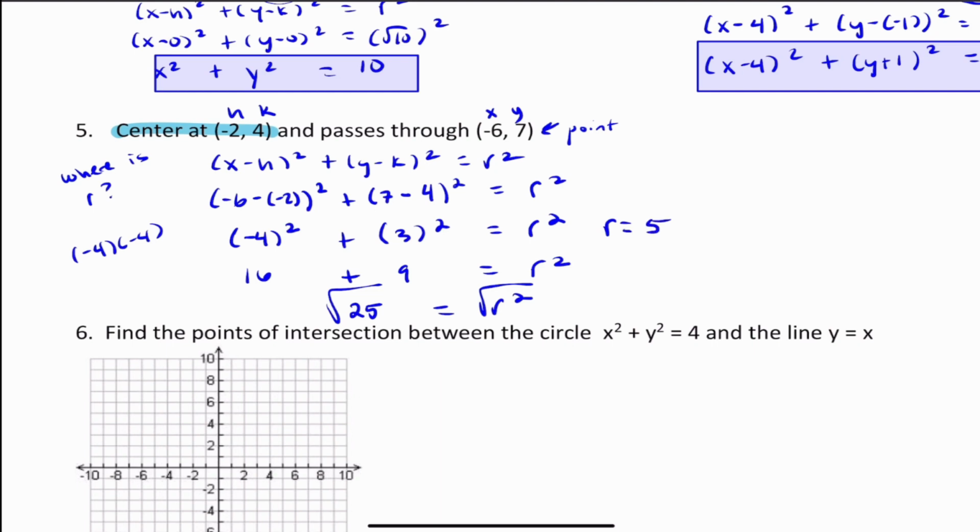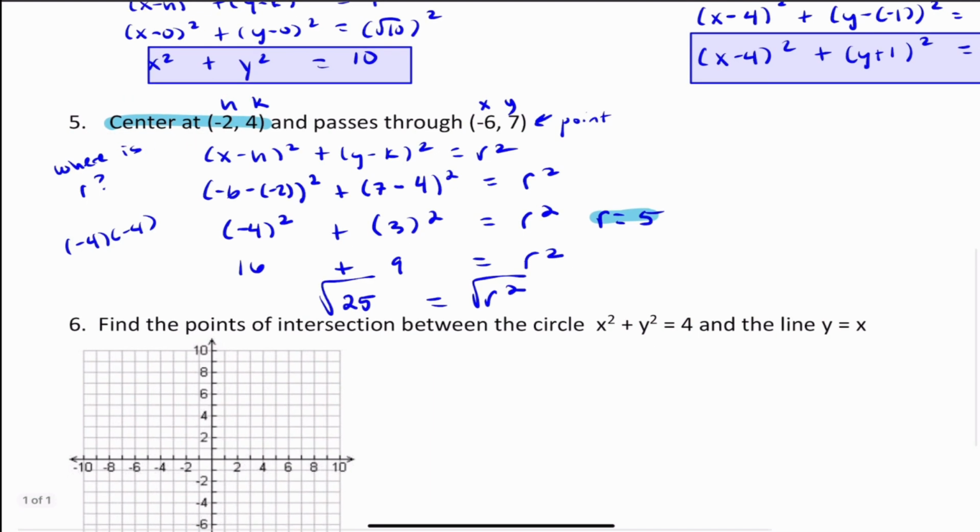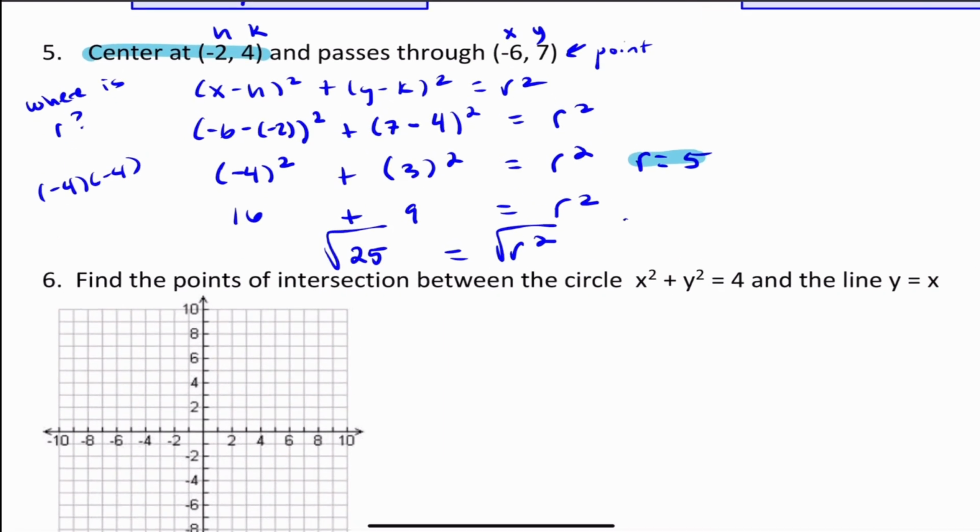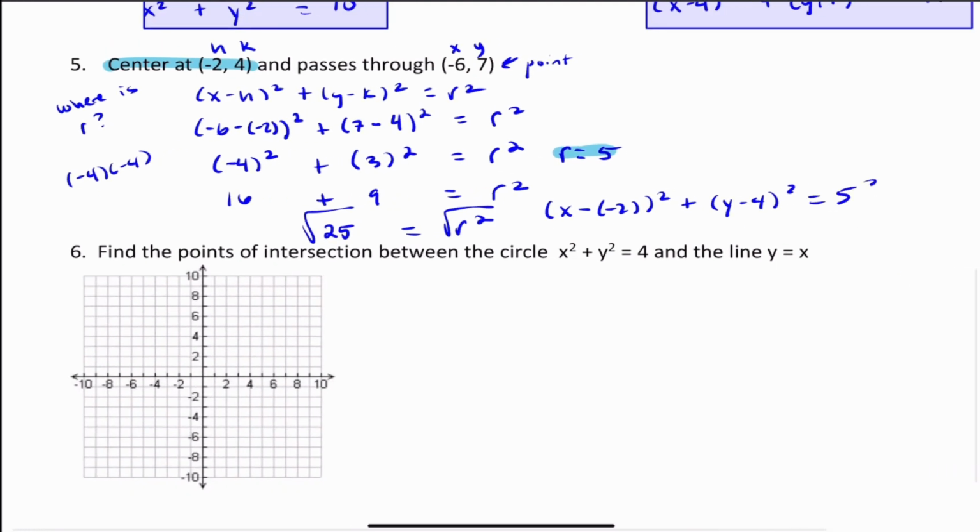So if r is equal to 5, and we have our center right here, that means I can go ahead and say our answer is, actually this is not going to be our answer because we have to simplify this. It's (x - (-2)) quantity squared plus (y - 4) quantity squared equals 5 squared. So this becomes (x + 2) quantity squared plus (y - 4) quantity squared equals 5 squared, which is 25.